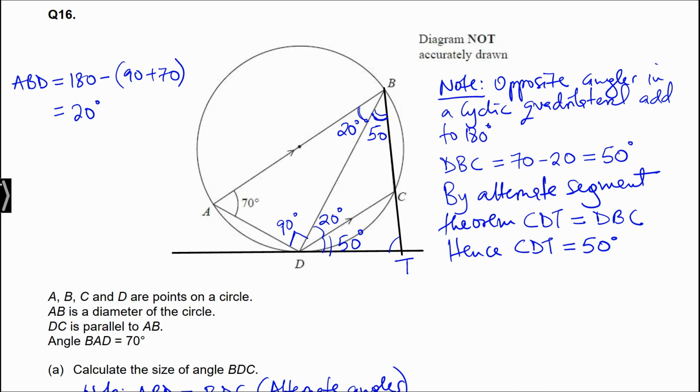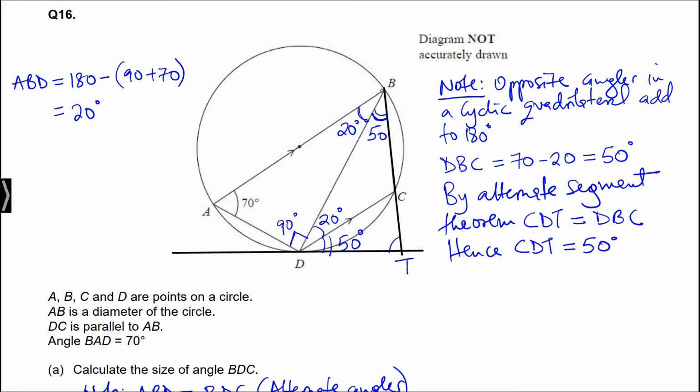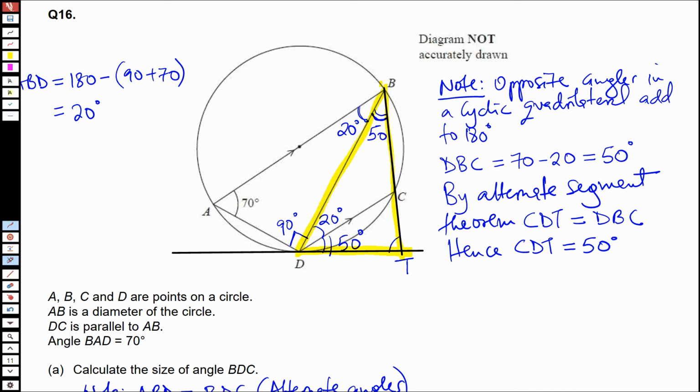At this stage, I want us to consider this triangle here. If you consider that triangle, we can find angle DTB, so basically angle BTD.